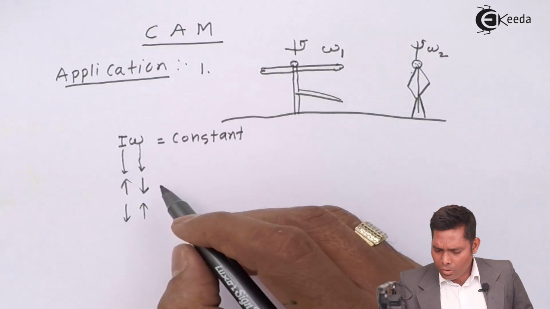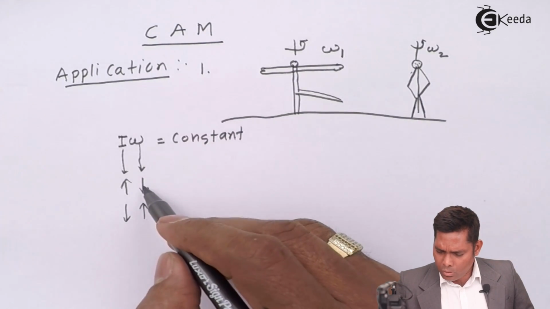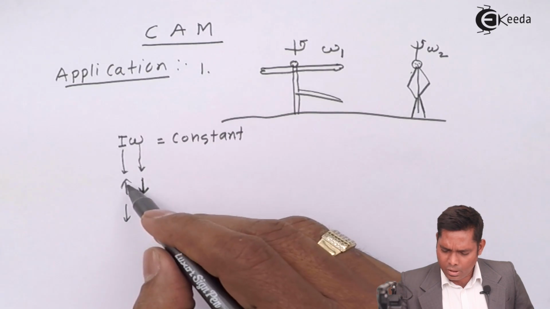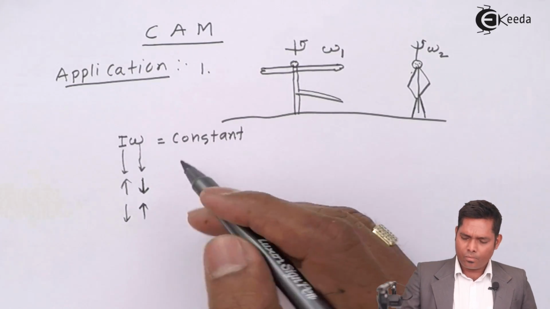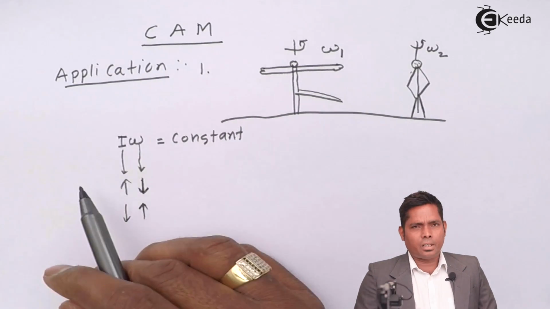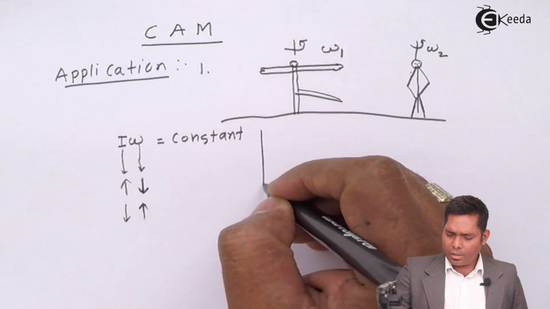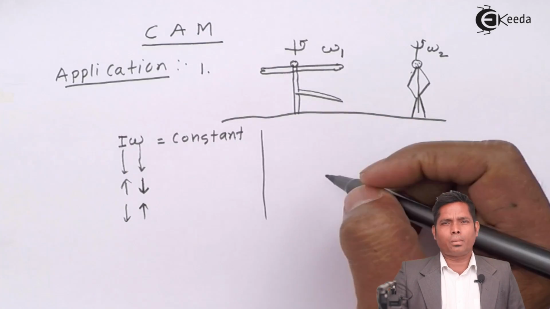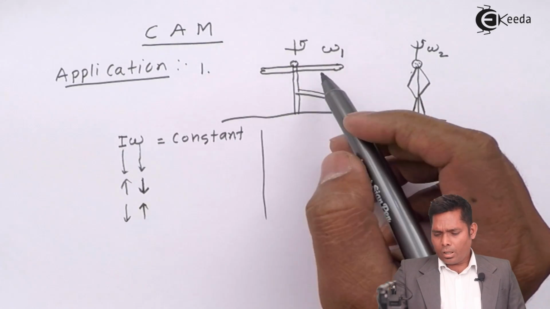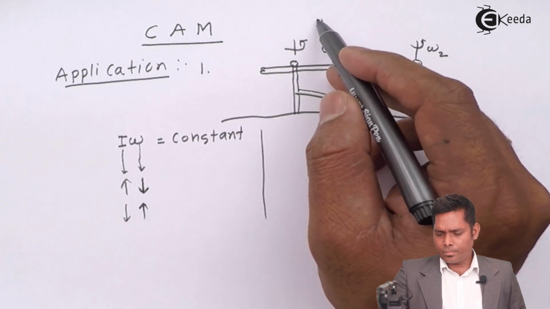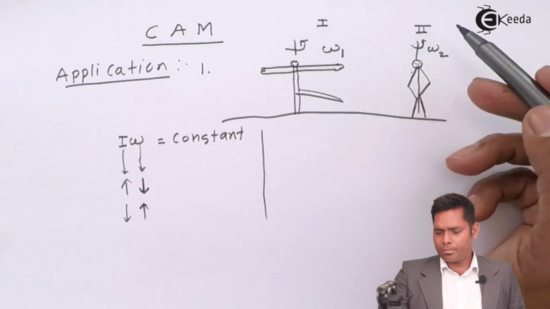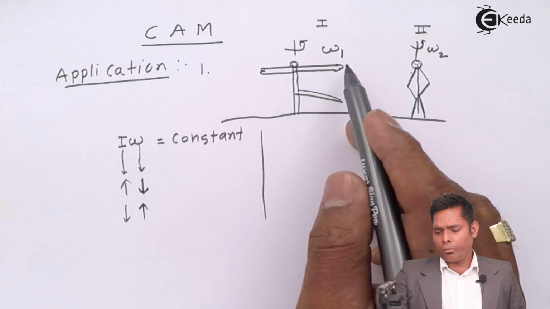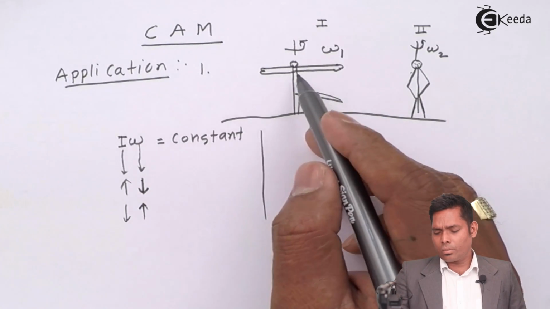That means to check whether the omega is more or less, we have to see if I is more or less. And the moment of inertia is a quantity which depends on the axis of rotation and the distribution of mass. In the first diagram, the arms are away from the axis of rotation.